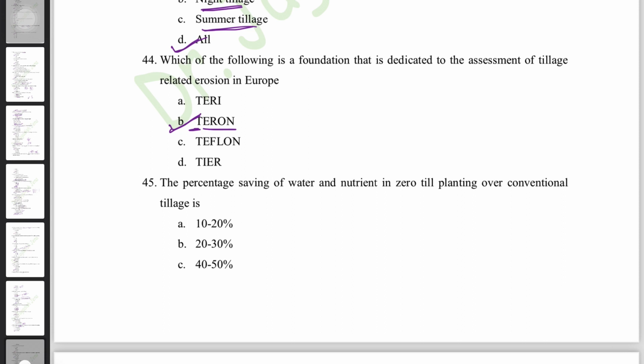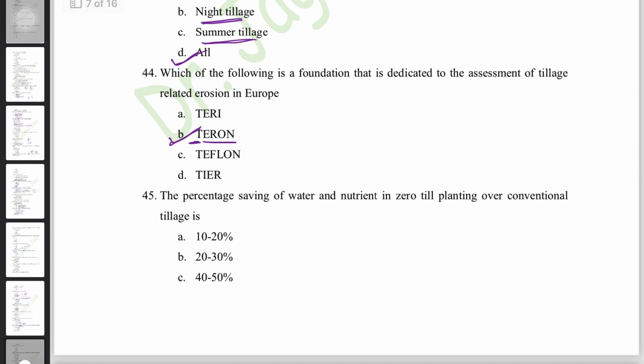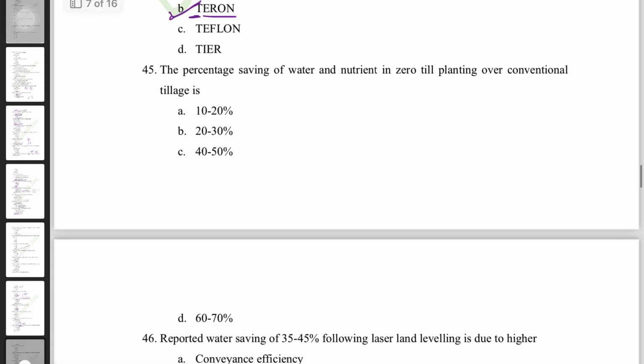Because intensive tillage is always destroying the soil physical properties and always having a negative impact on soil. Scientists have already seen this in several countries and several continents, so they are trying to implement zero tillage and conservation tillage practices.